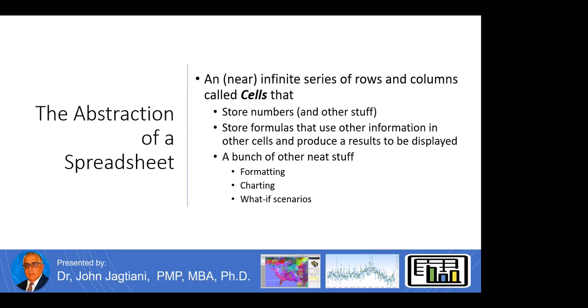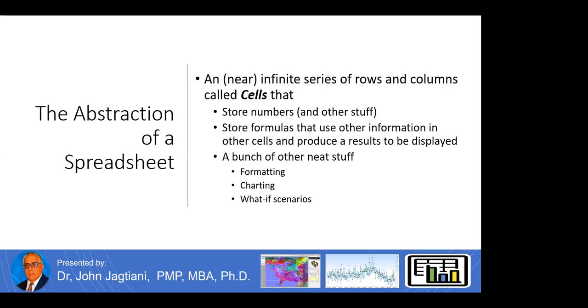What a spreadsheet does is it gives you a way to abstract away from data. Not only can you store and manipulate data, but you can also abstract away from data and do more things to it. So I like to think of it as almost an infinite, not quite infinite, but for our purposes, a near infinite series of rows and columns. The intersection of a row and column is called a cell.